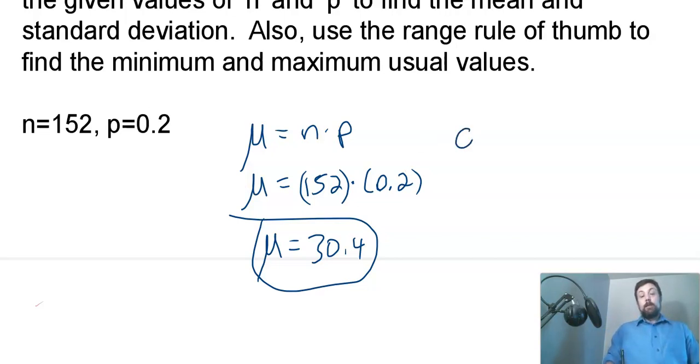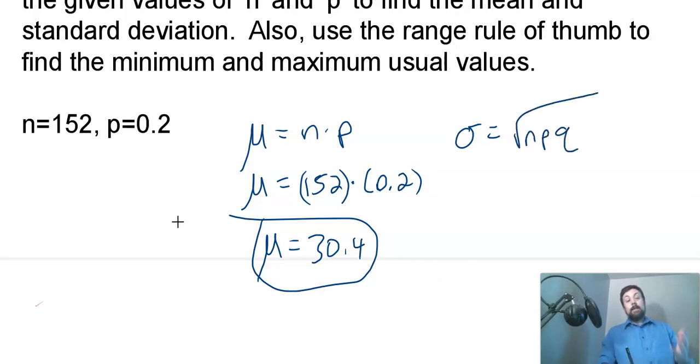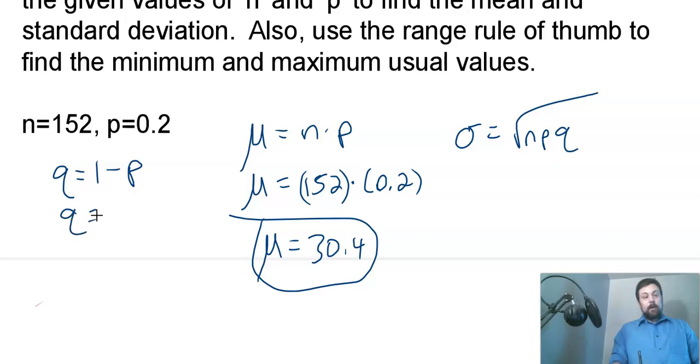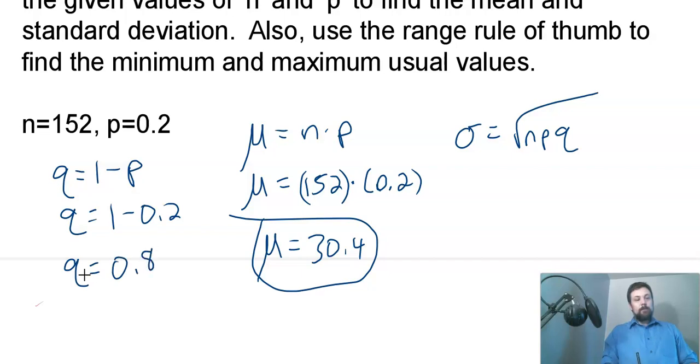Now the standard deviation is a little more complicated. You got to do the square root of n times p times q. They didn't tell us what q is equal to, so we have to remember that q is 1 minus p. Right? It's the complement of p. So to calculate the probability for q, it's 1 minus p. 1 minus 0.2, which is going to give me 0.8.